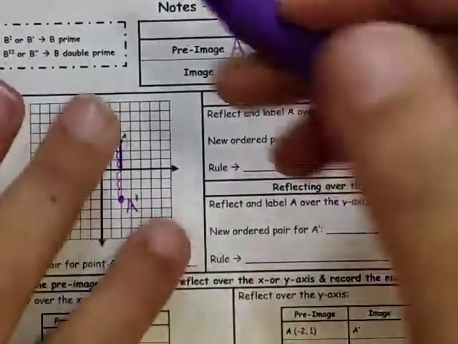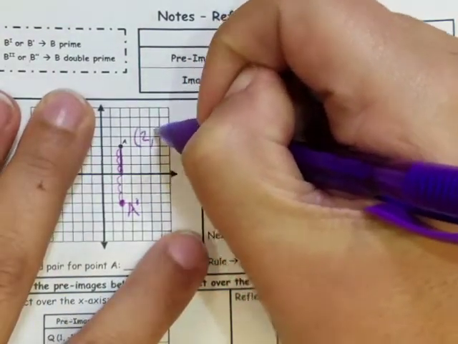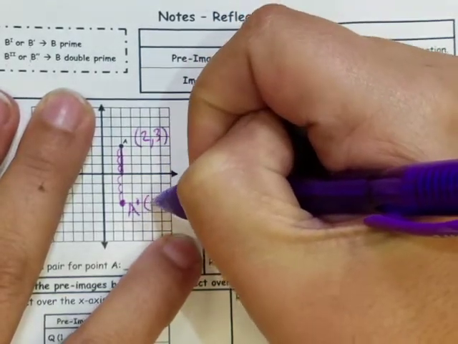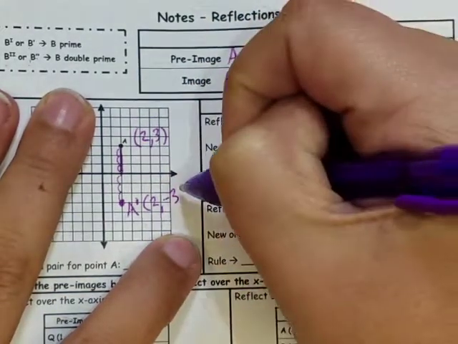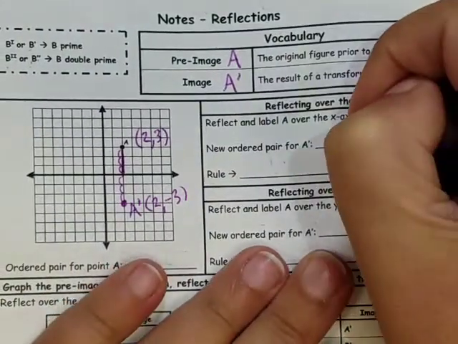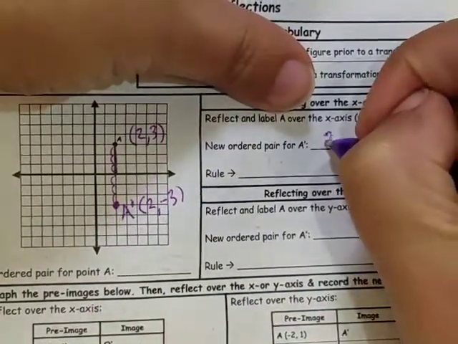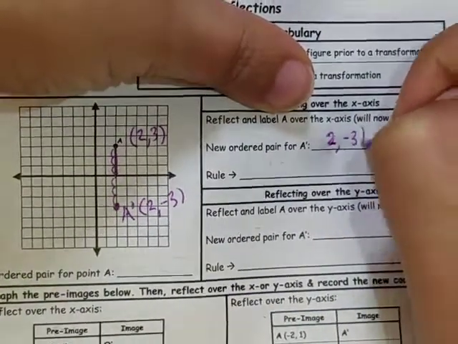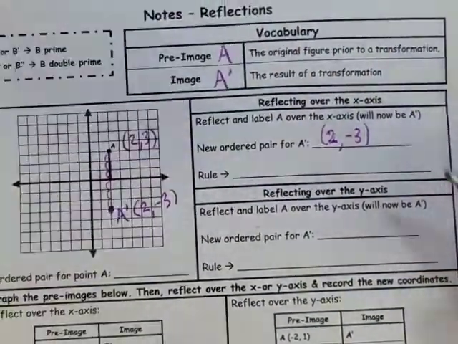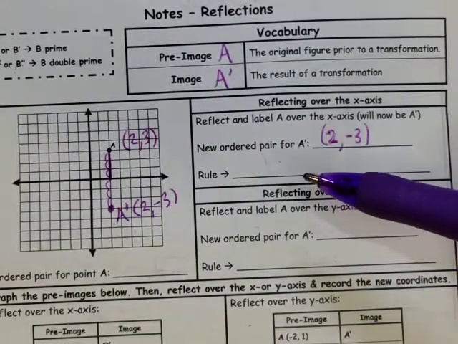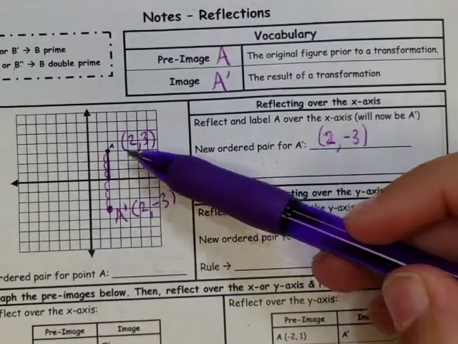The original pair was 2, 3. So this is 2, 3. The new one is 2, negative 3. So my new ordered pair is 2, negative 3. And so if we look at our rule, what changed?